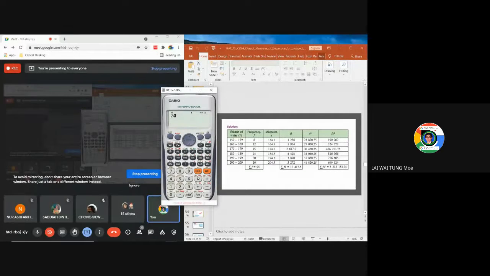So the fourth one is 24 times 184.5, and then M plus, then 20 times 194.5, equal, M plus, and last one is 16 times 204.5, M plus. So after this, when you already finish everything, you want to get this total.